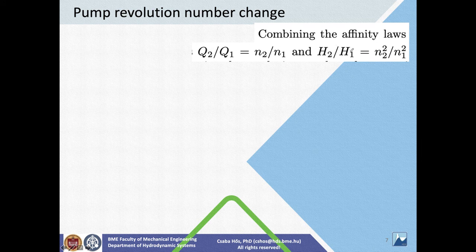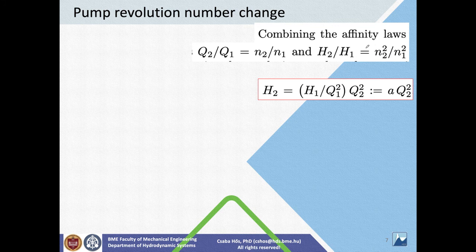If you combine these two affinity laws, then you get this equation. So H2 is something times Q2 squared, where this something, this constant, is H1 over Q1 squared. So this is a very important equation. This tells us that whenever you're messing around with the revolution number, let's say you start with the operating point Q1, H1.